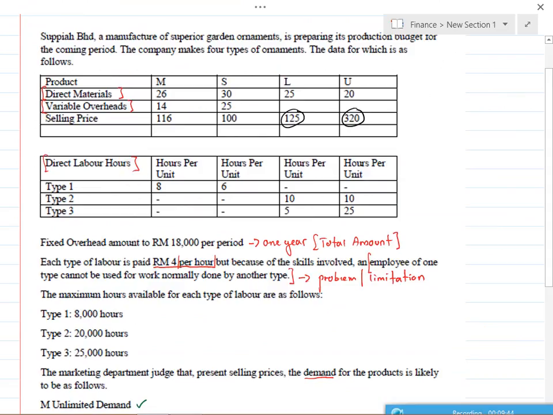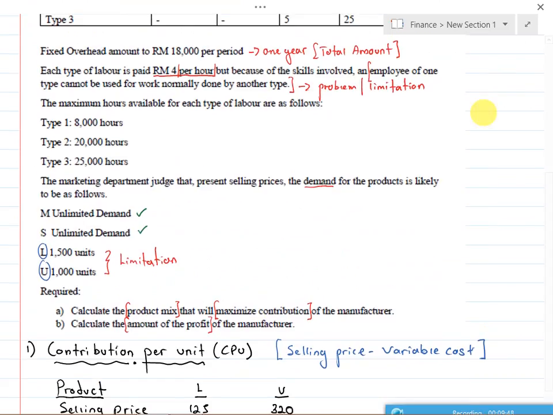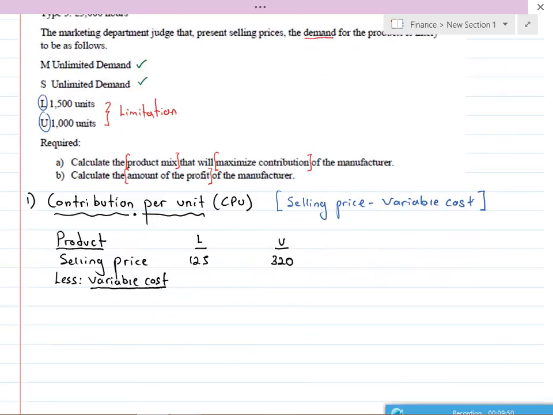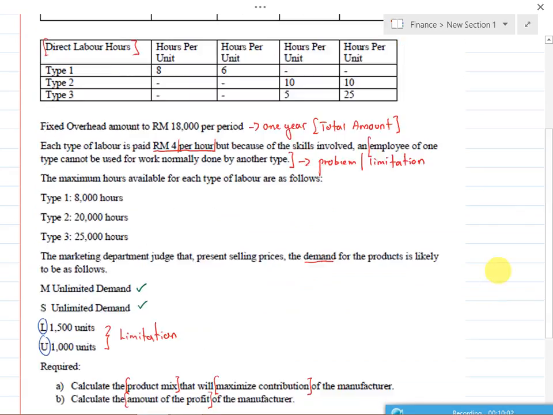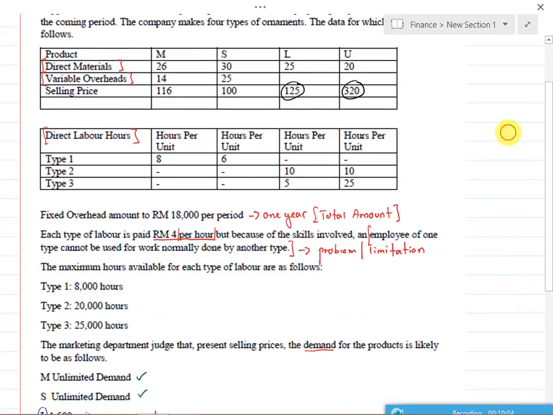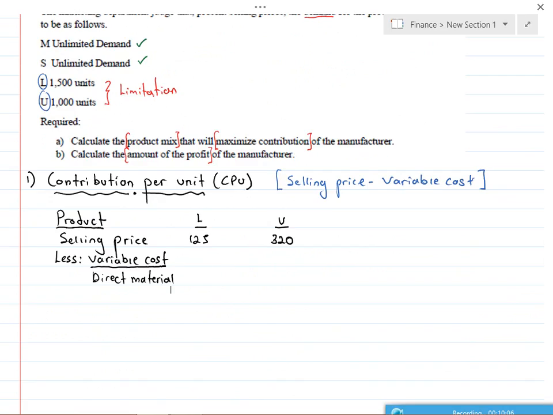So we have three variable costs over there. Let's start with the direct material first. How much is the direct material? 25 and 20 for L and U. Put it in a bracket because it is going to be minus.